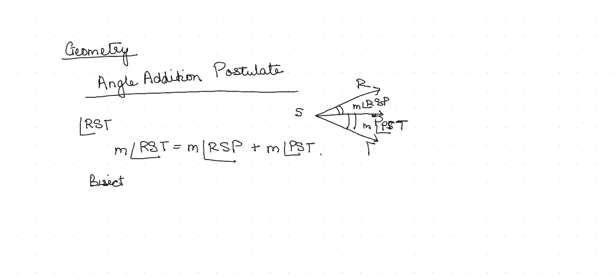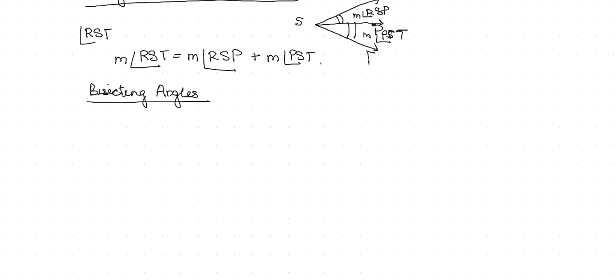Okay, and then bisecting angles. An angle bisector is a ray that divides an angle into two angles that are congruent.